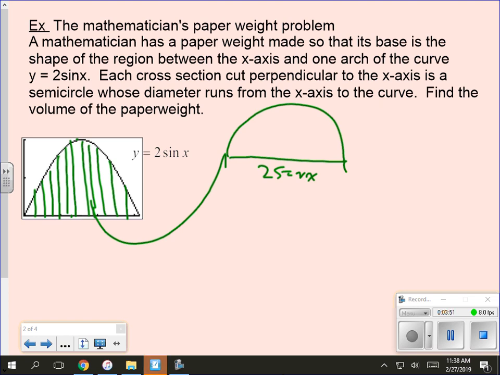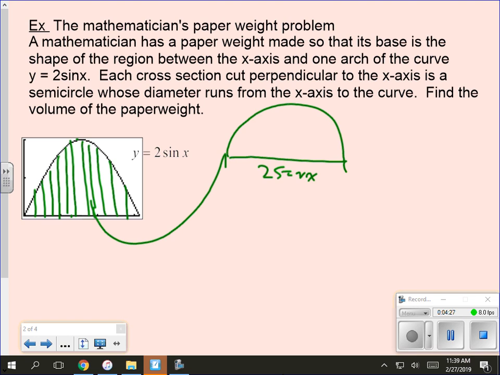If you do what I did here and draw little slices, because that's how I'm cutting it up, pull one of those slices out, what is the equation for one of those cross-sections? Well, the diameter of that semicircle is 2 sine x, so I just have to figure out the area of that semicircle.